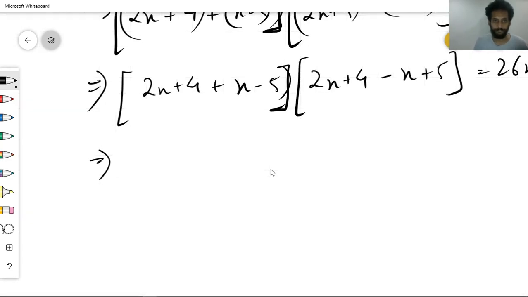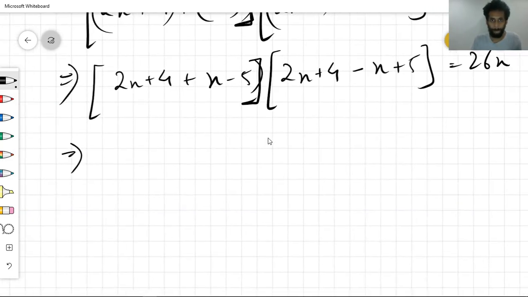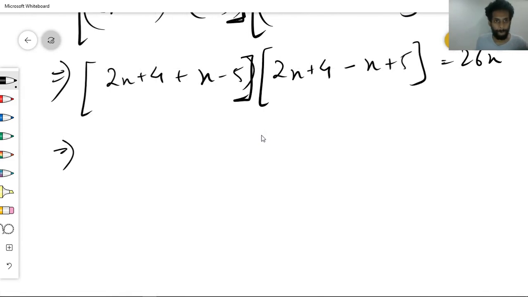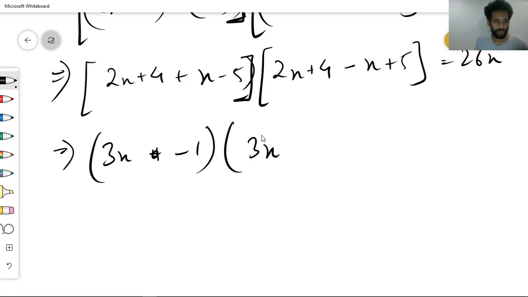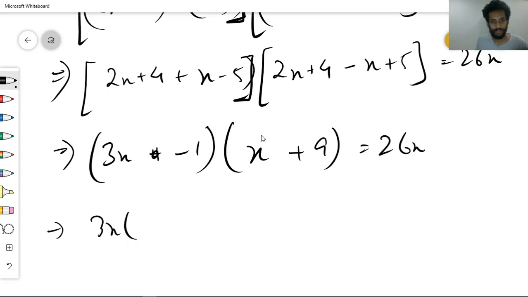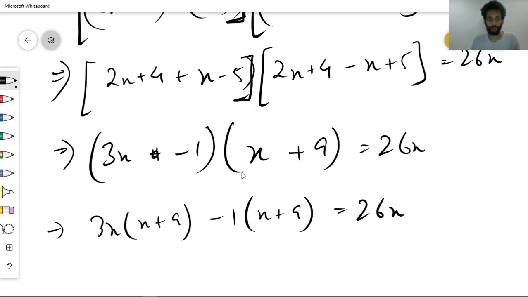Here it will be 3x minus 1, and here it will be x plus 9, equal to 26x. So now it is easy only. 3x minus 1 into x plus 9 is equal to 26x.